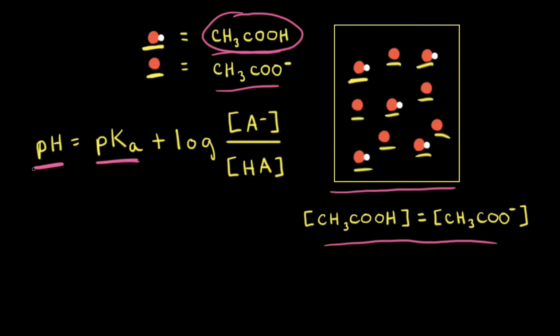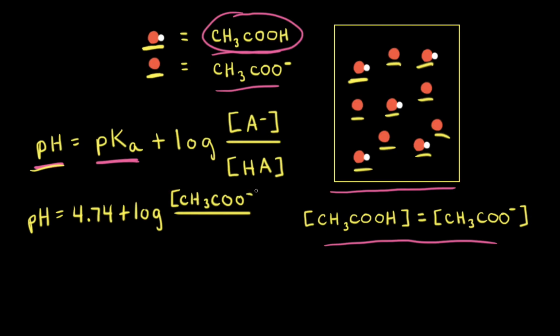So we can go back to the Henderson-Hasselbalch equation and write that the pH is equal to the pKa, which we just calculated to be 4.74, plus the log of the concentration of the conjugate base. And the conjugate base is the acetate anion, so let's write that in here, CH3COO-.